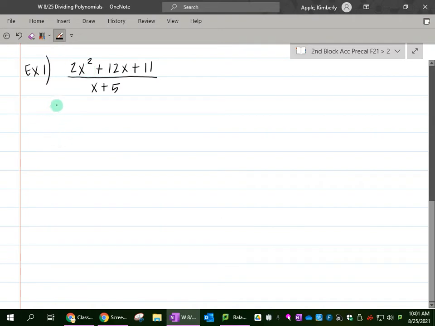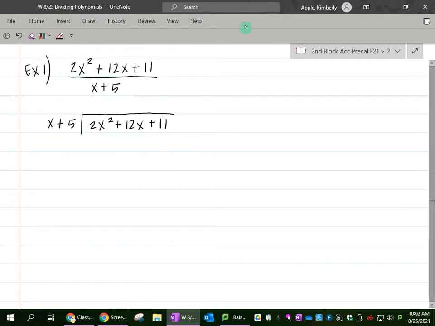And so to write that like long division, I'm just going to rewrite it as a division problem. So 2x squared plus 12x plus 11 divided by x plus 5. That's the problem we're doing.